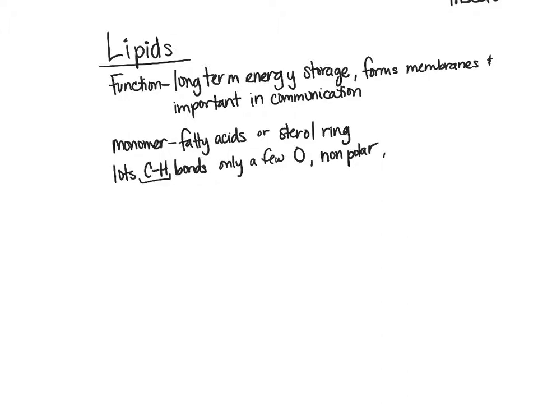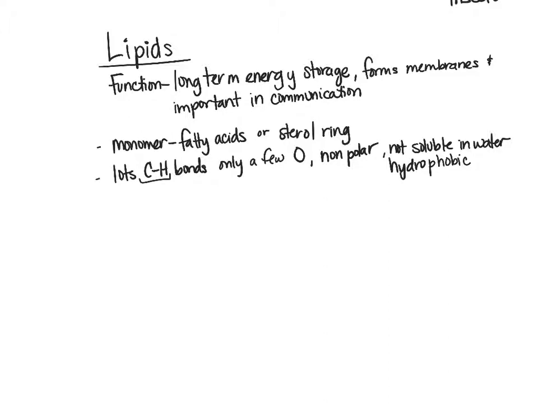Right, they are not soluble in water. Remember, water is polar, and polar dissolves polar, nonpolar dissolves nonpolar. So they will not dissolve in water, meaning they are hydrophobic, and our carbohydrates are hydrophilic.